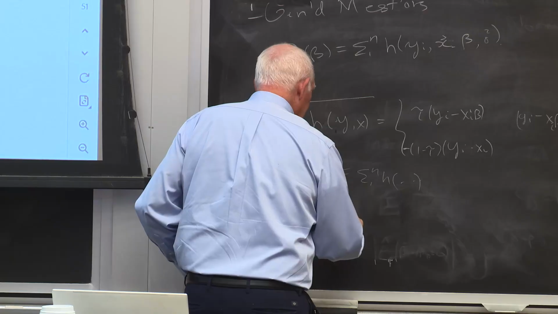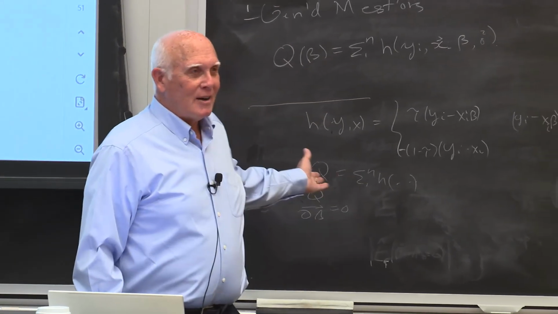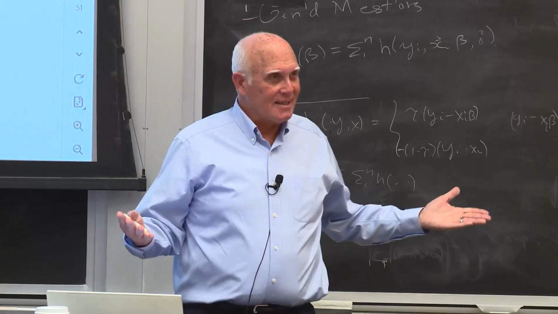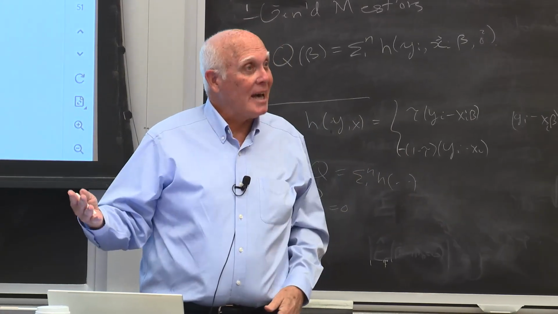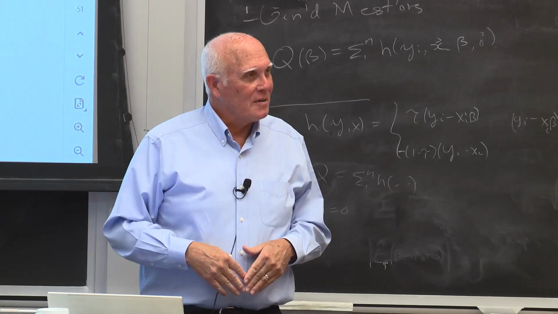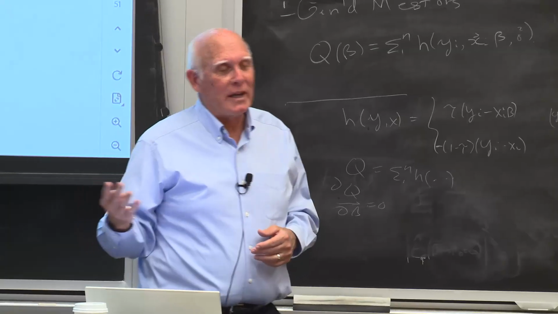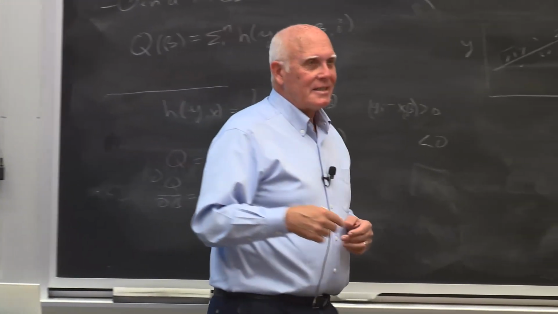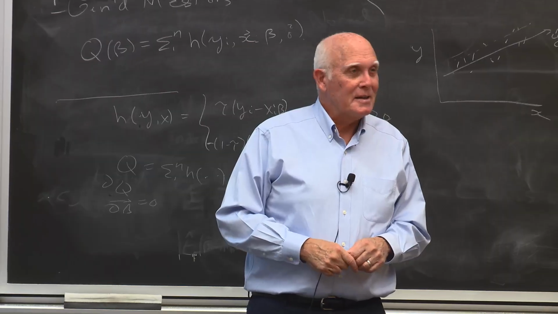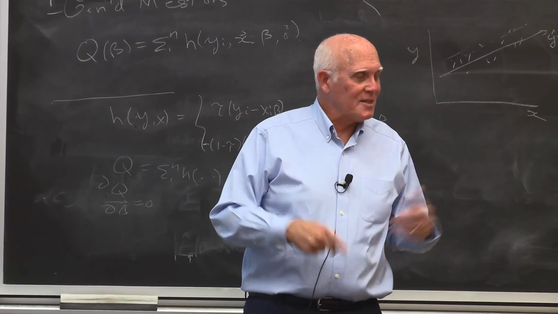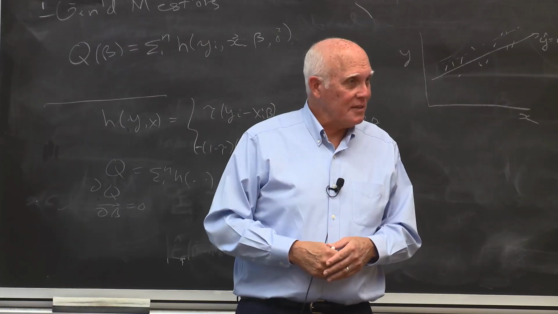We can't solve for this equaling 0. But we can solve for what the derivative is at any guess, and we can move our guess to a lower value of the q function. That's, in fact, how we learn that the median of a sample is the best estimate of the center of the data if we consider mean absolute deviations.